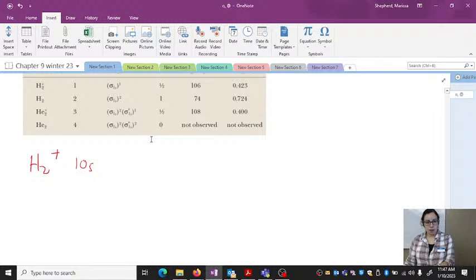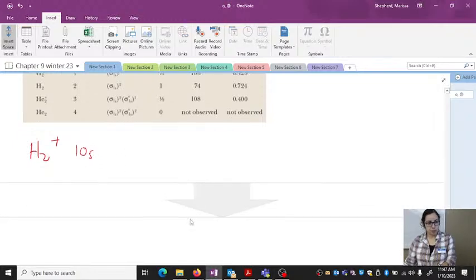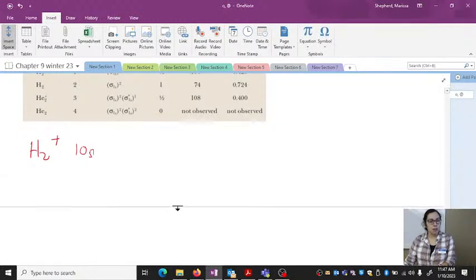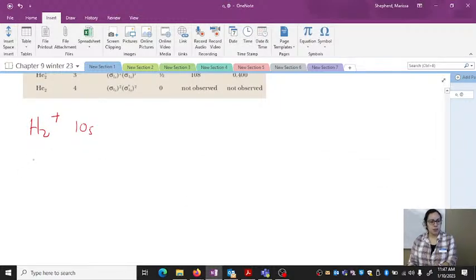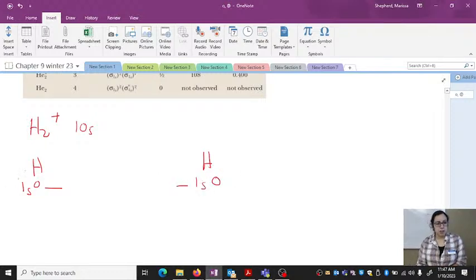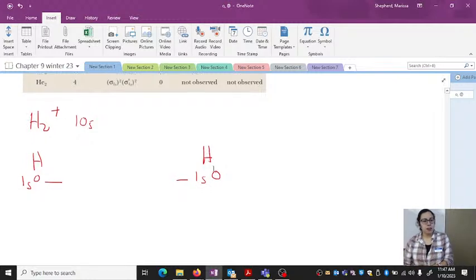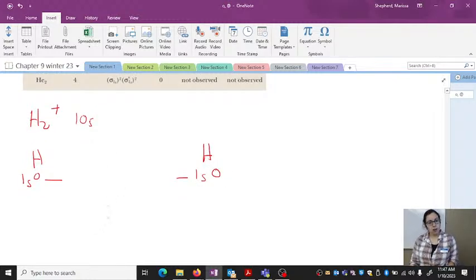To make our MO diagrams, you want to start with whatever atomic orbitals you have. We have two hydrogens coming together, each bringing an s orbital, or 1s. I like drawing the little pictures. Then we have to make our two possible combinations.